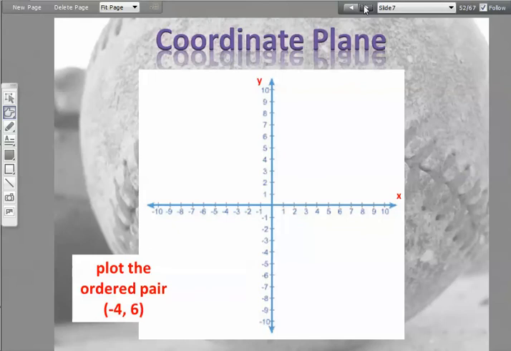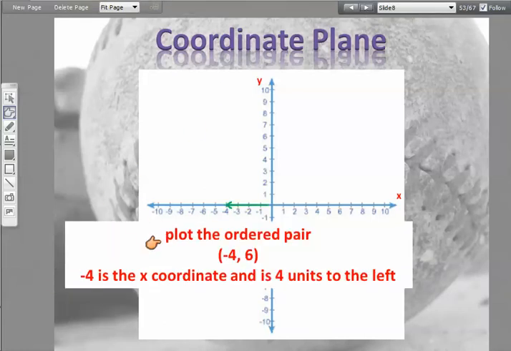Now what I'm going to do is show you how to plot an ordered pair, and this ordered pair happens to be -4 and 6. -4 is going to be the x-coordinate, 6 is going to be the y-coordinate. They're always written in that order in the parentheses. So the first thing I'm going to do is plot the ordered pair. Notice -4 is the x-coordinate, and it is 4 units to the left.